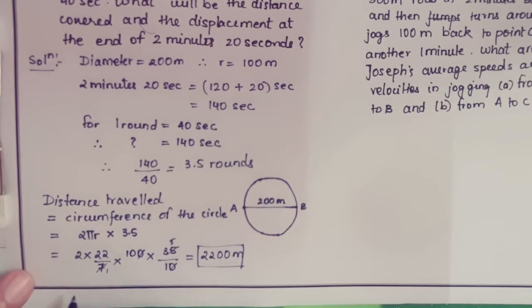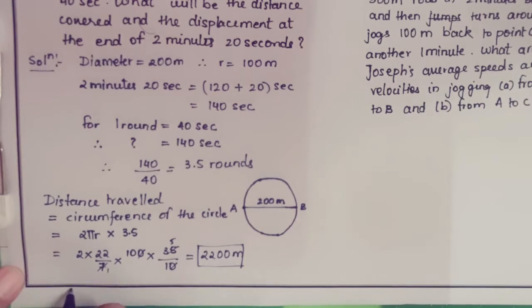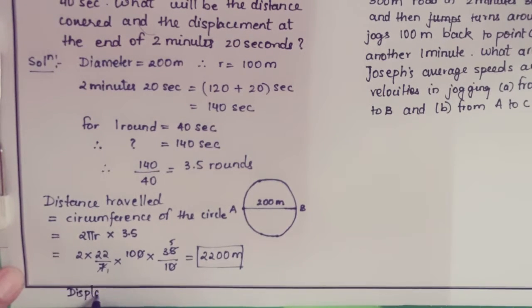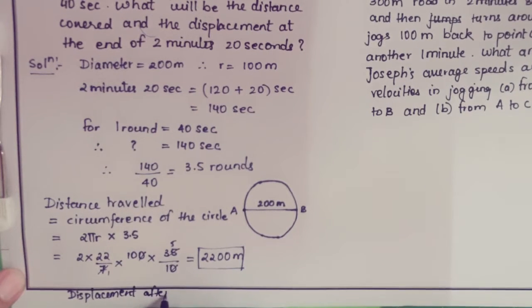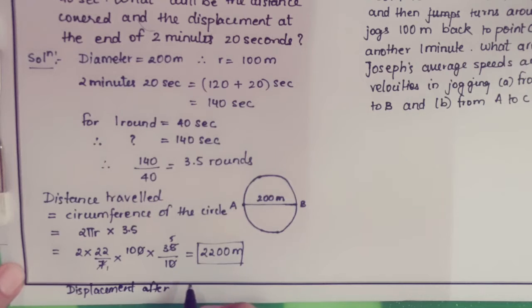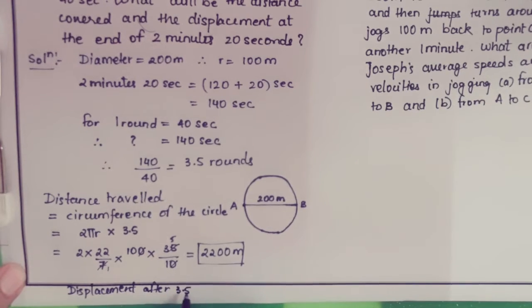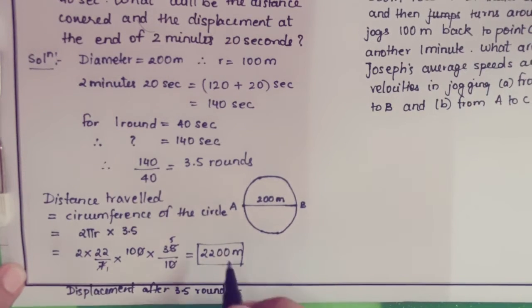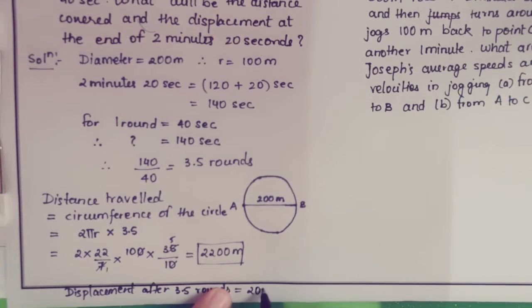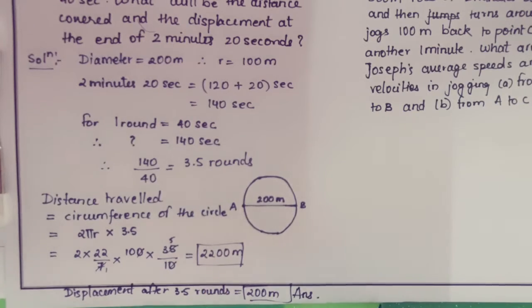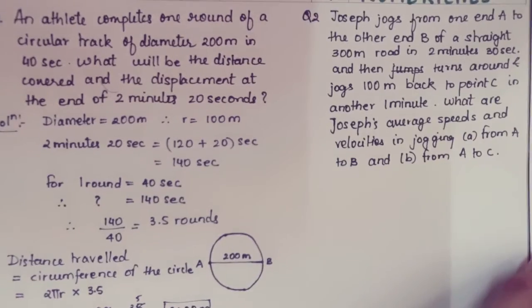Displacement after, I'm writing here because of no space, so displacement after 3.5 rounds is nothing but the diameter of the circular track, and that is 200 meters. So this will be your answer for displacement. I hope you have understood this sum. Now let us solve question number 2.